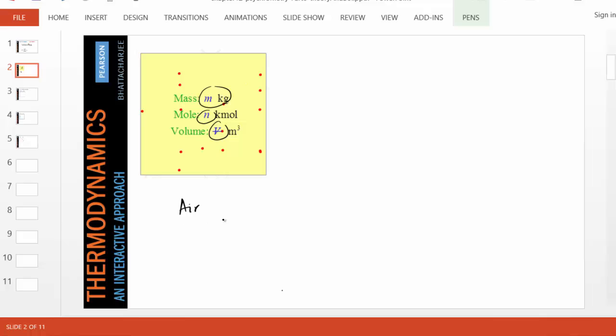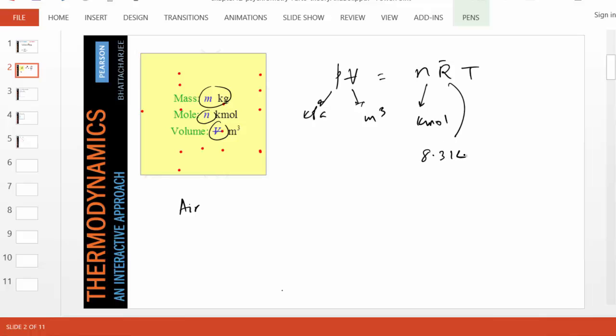And to describe air, we know that we can use PV equals nRT as an ideal gas equation of state, where P is in kilopascal, V is in meter cubed, n is in kilomole, R is the universal gas constant, and T is in Kelvin.